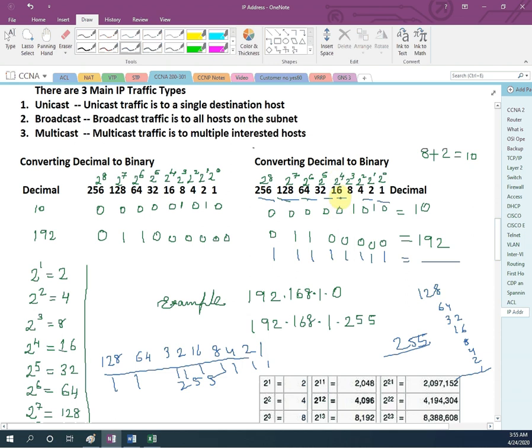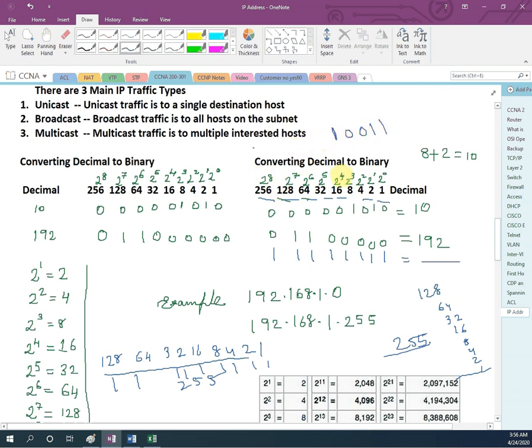See, this is 16. To reach 19 we go 16, 17, 18, 19. So we write 1 for 16, then 8 is 0, 4 is 0, 2 is 1 (16, 17, 18), and this 1 is 1. The remaining here is 0.